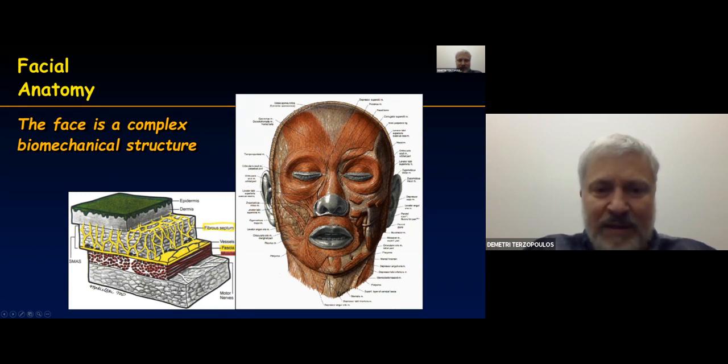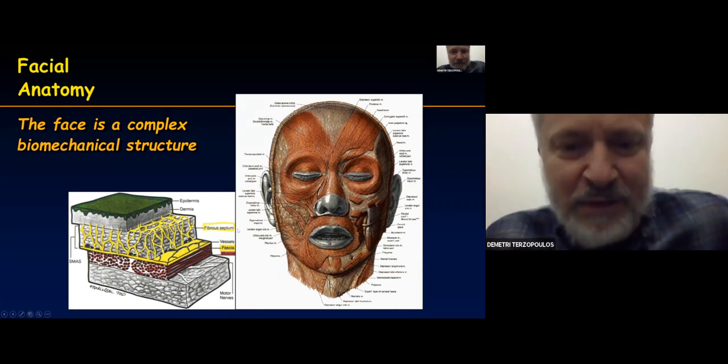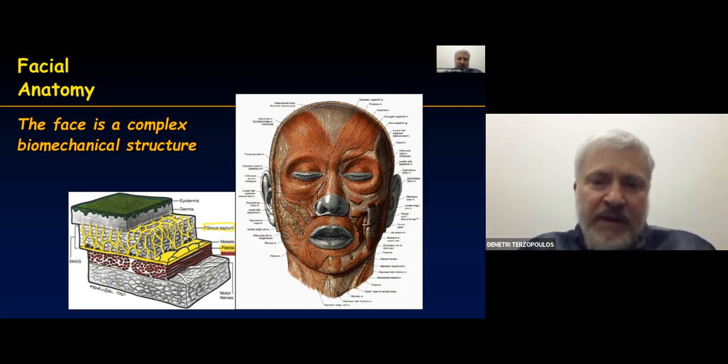So this is a complex biomechanical multi-layered structure, and the face is actuated, as shown here, by facial muscles. These are the muscles of facial expression, and there are lots of them, with different Latin names, which you may be able to see over here. These are artists' sketches of the anatomy of the face.